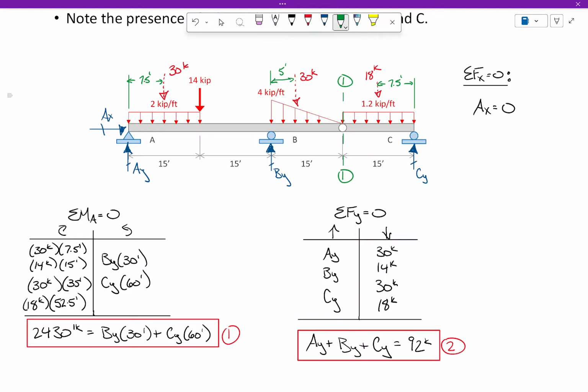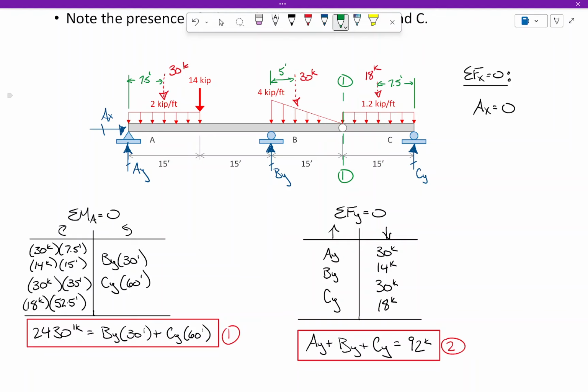So let me ask you a question. Imagine this structure was printed on a sheet of paper, and you took a pair of scissors and cut a line right there. Which side of the structure do you think would be easier to deal with? The stuff on the left, or the stuff on the right? The right. There's just less stuff over on the right.